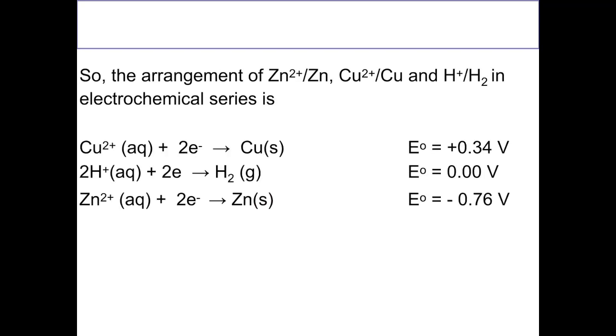The values of electrode reduction potential for Zn2+/Zn, Cu2+/Cu, and H+/H2, we can rearrange them as shown in the electrochemical series, starting with copper, the most positive, followed by hydrogen, and the last one is zinc.